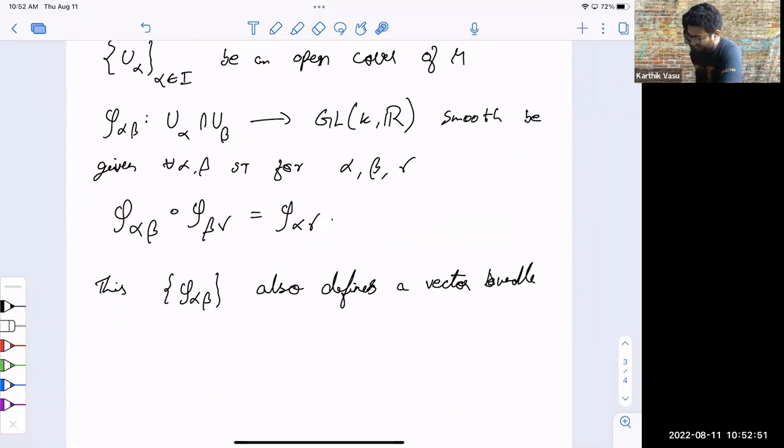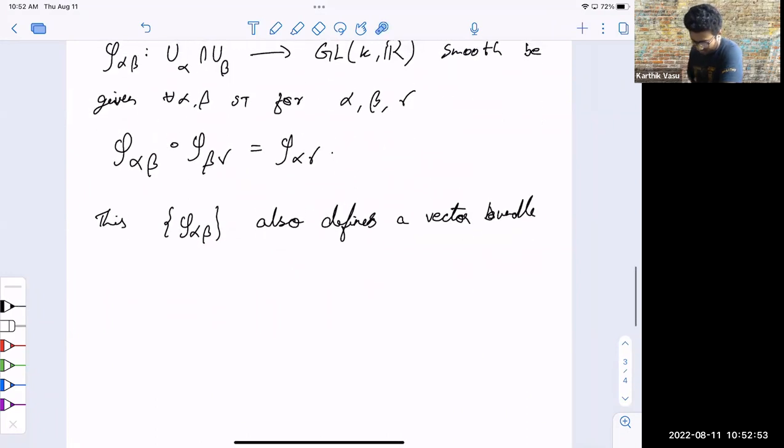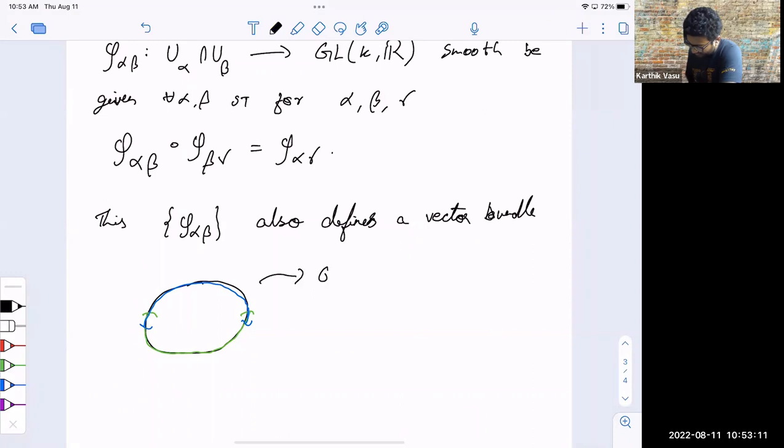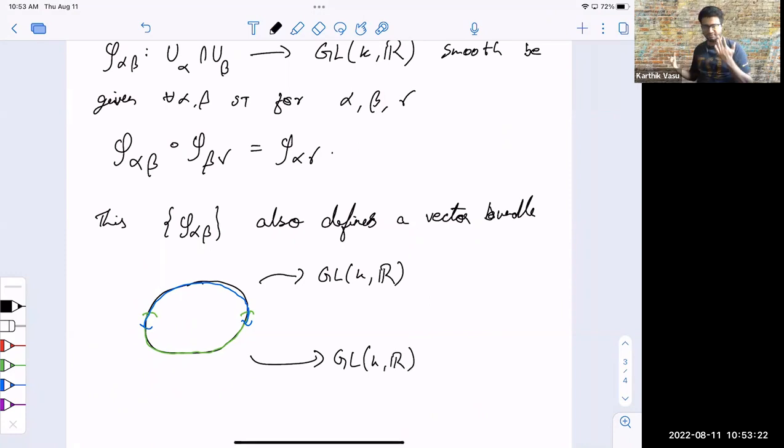This is an easier way to give vector bundles, because if you have a circle, you can take open covers which are like this, and you can just give a map from this open set into GL_K of R, and similarly give a smooth map into GL_K of R, and that automatically will give you a vector bundle.